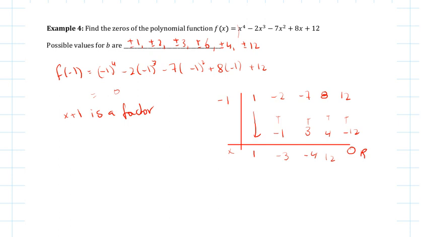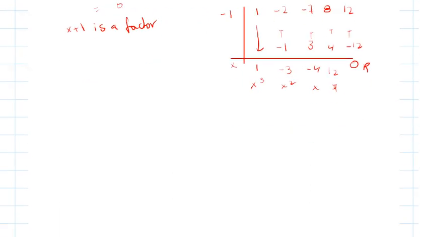So now I have x plus 1 times x cubed minus 3x squared minus 4x plus 12, equal to 0. In this case, I have 4 terms, so I'm going to see if I can factor by grouping.